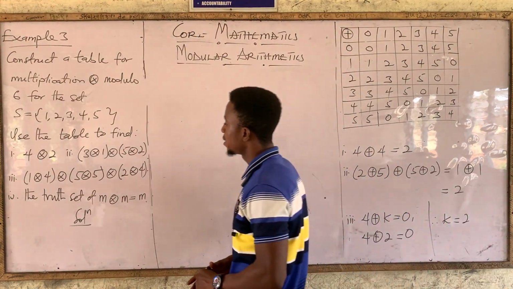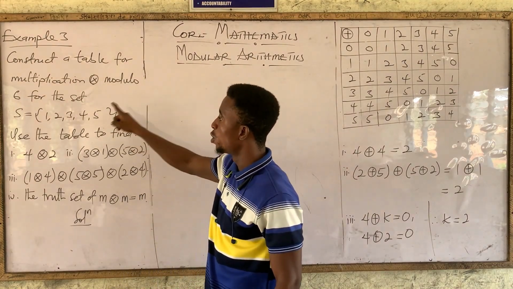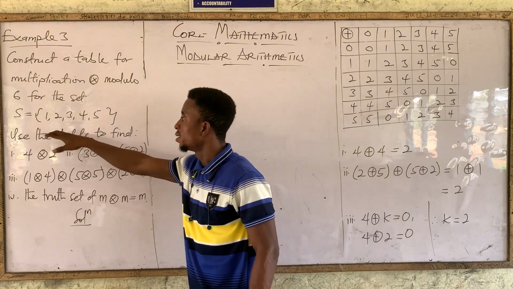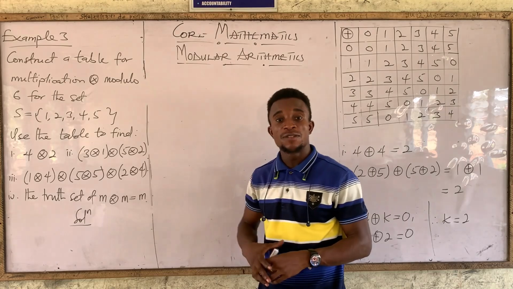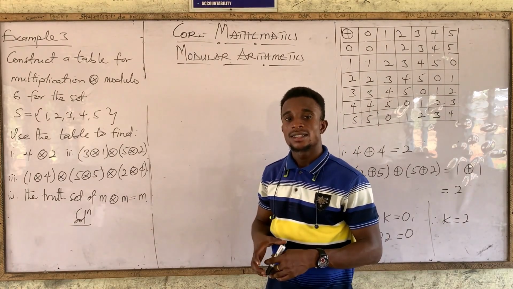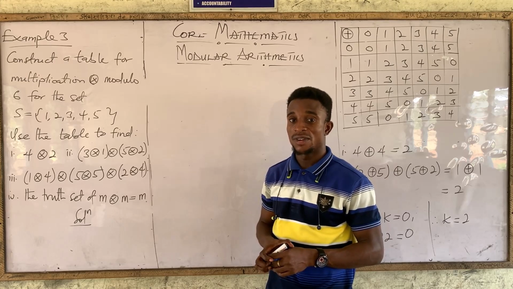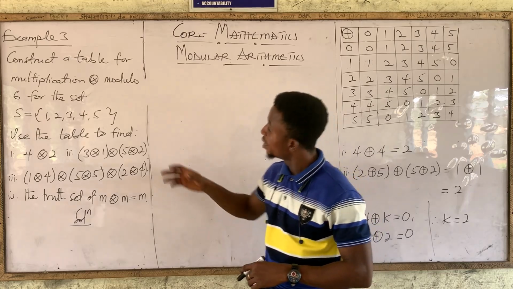We are to construct a table for multiplication modulo 6 for the set. It's not all the time you'll be given just the modulo and asked to construct. Sometimes restrictions will be given, like this one.